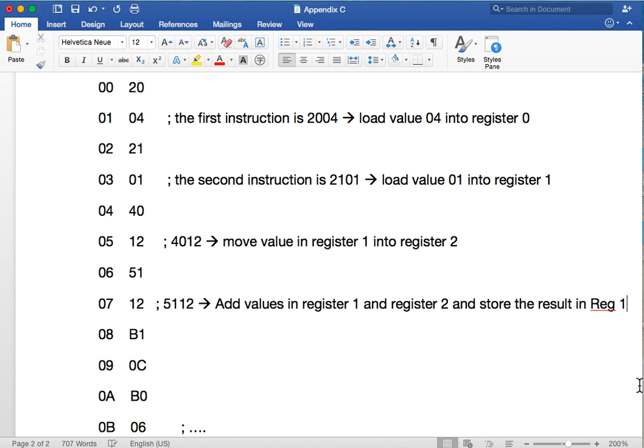Since from the previous instruction register 2 has 1 and register 1 also has 1, 1 plus 1 equals 2. You store 2 into register 1. Now register 1 has 2.